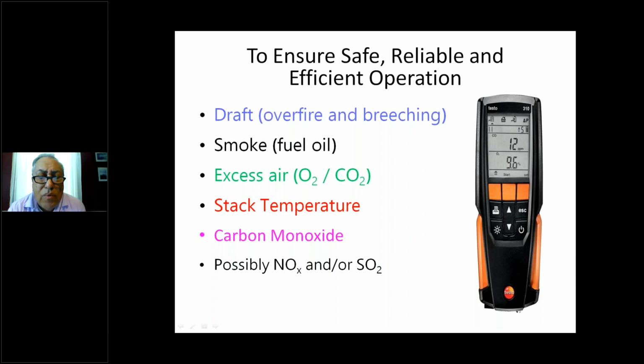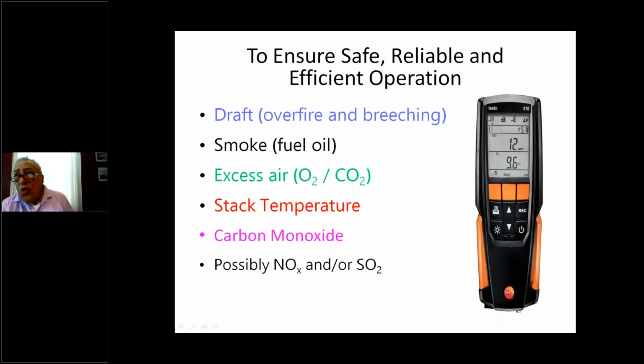To me, 300 would be your absolute drop dead minimum. I wouldn't go below that, because keep in mind, if you're testing at 300 in the breaching, as the flue gas exits the appliance, by the time it gets up into the chimney, it's probably going to lose 40, 50 degrees. And even more so in the winter.